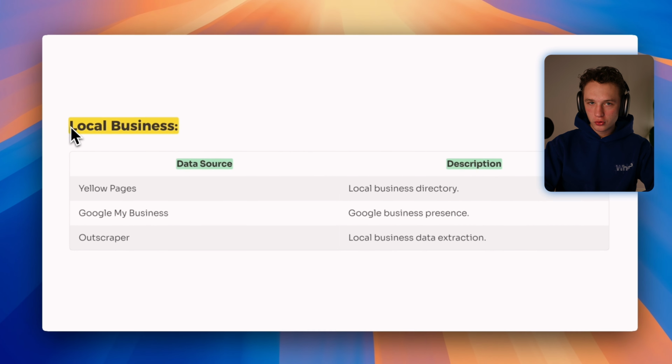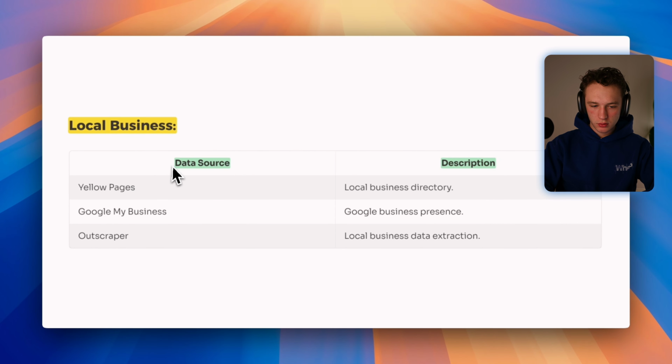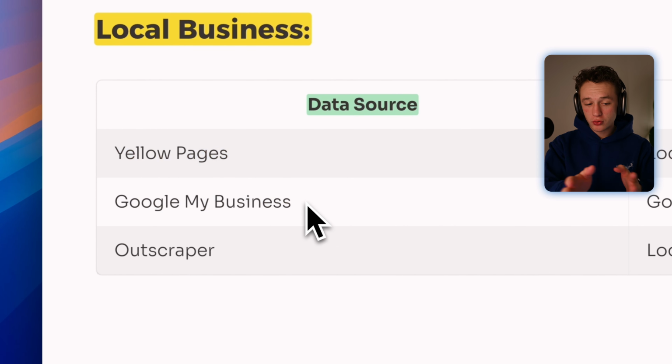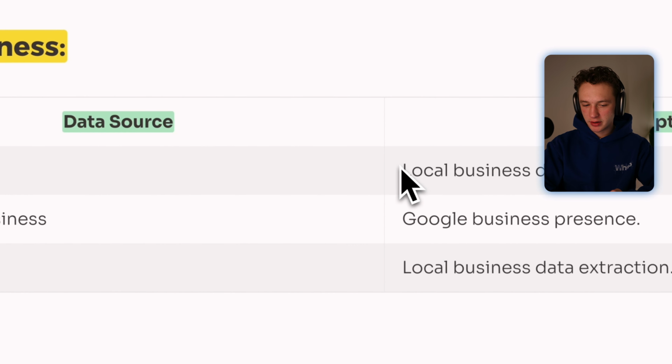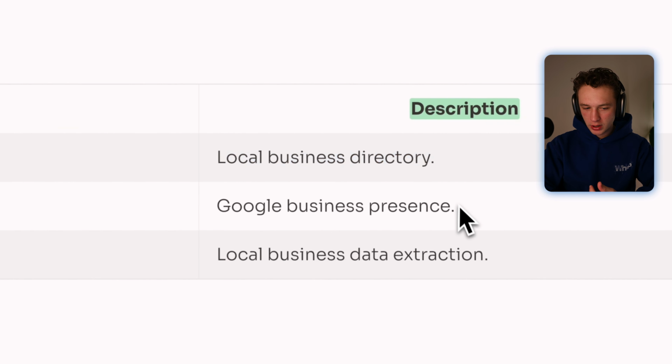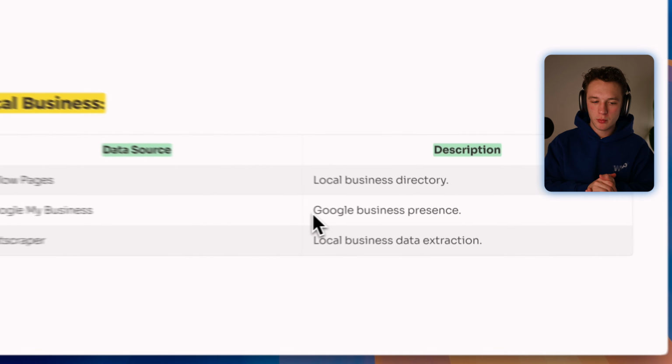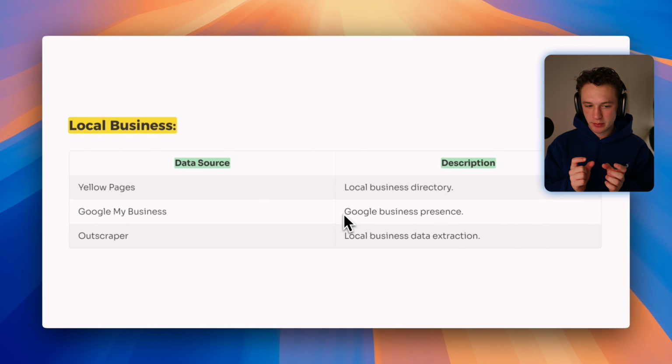Next segment is local businesses. For local businesses, there's really only two different options: you can either go through Yellow Pages or through Google My Business. Yellow Pages is a directory, while Google My Business is how you search it up on Google, but they both have very similar segments. With our scraper, you're able to scrape both of these.